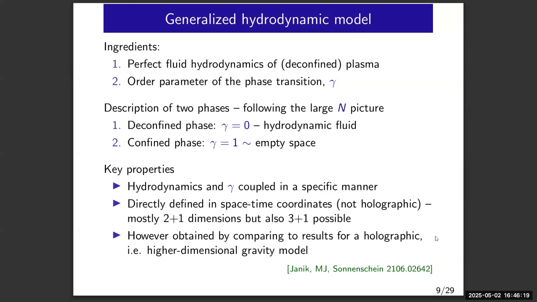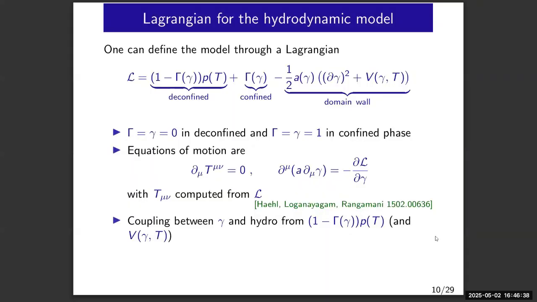Even though I will be working in space-time coordinates, the model is obtained by comparing the results from this model to results from a holographic, higher dimensional gravity model. I will be discussing this in more detail.